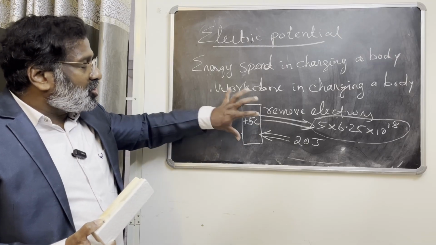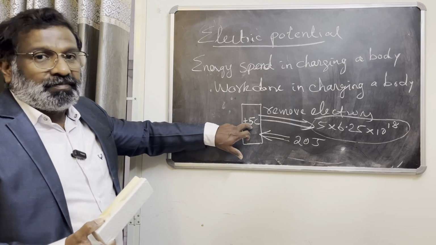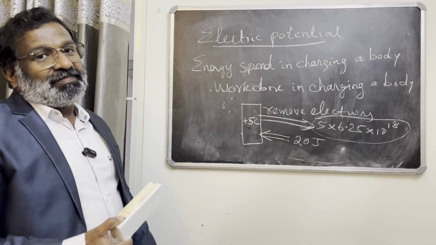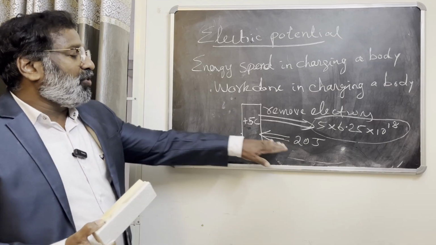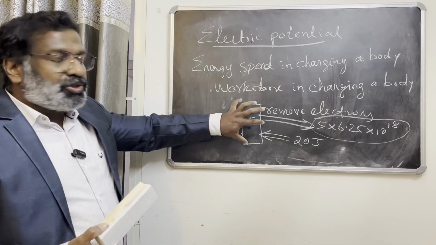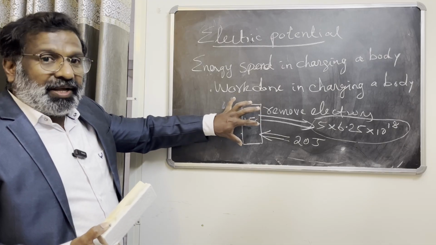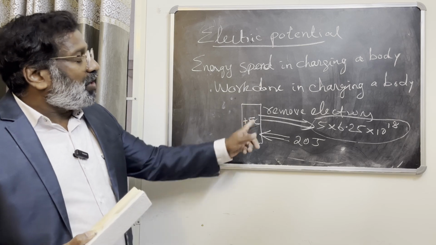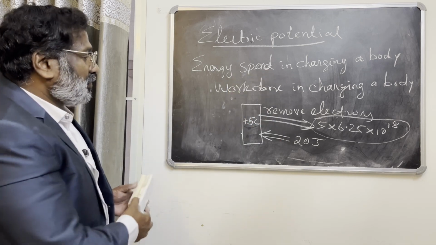So the total charge in this body is 5 coulomb. What is the energy possessed by each coulomb of charge? I have given 20 joules. That 20 joules will be stored inside the charged body. How much is the charge? 5 coulomb. So each coulomb of charge is having how much energy?